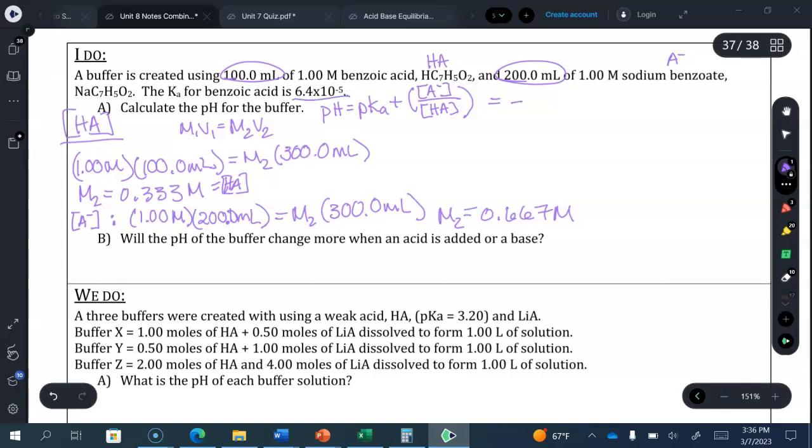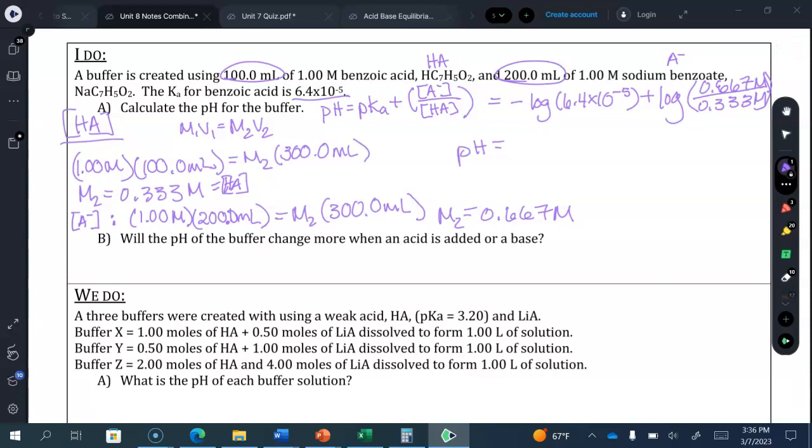If we take the negative log of the Ka value, we get pKa, and then we add that to the log of the concentration of our benzoate ion divided by the benzoic acid concentration. When we plug this in and solve using a calculator, please use a calculator. My brain hurts thinking about that. You should get a pH of 4.49.